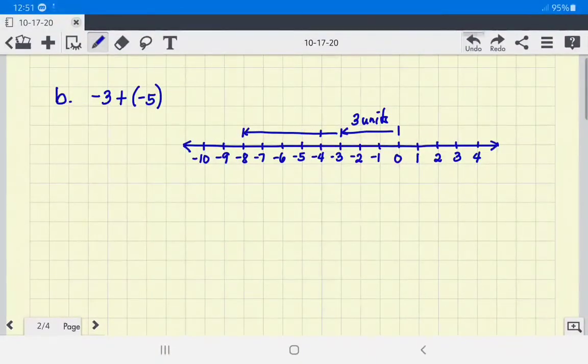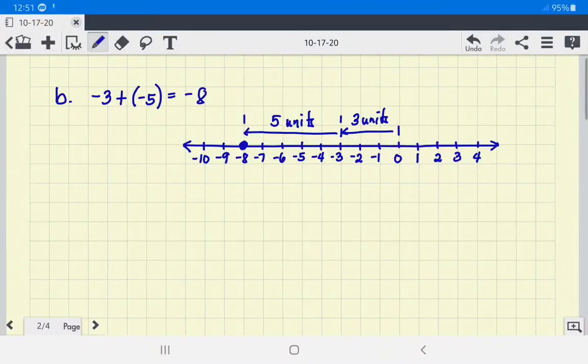So this is again 5 units. Here, the arrow stops at negative 8. So the answer here is negative 8.